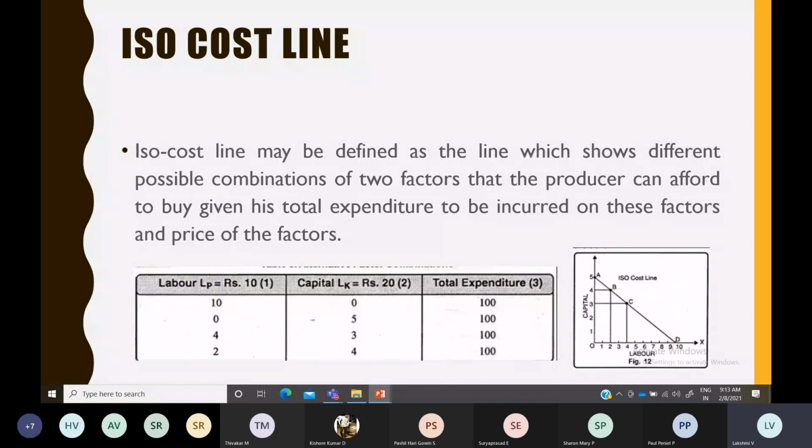Isoquant is going to have a mix of two factors, a combination of two inputs, and he is going to achieve the same level of output there. But iso-cost is that he is going to have a combination of two factors, and he is going to take care that his total expenditure or total cost spent for producing the product remains the same or constant throughout.